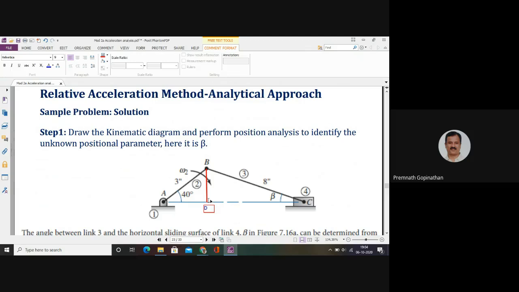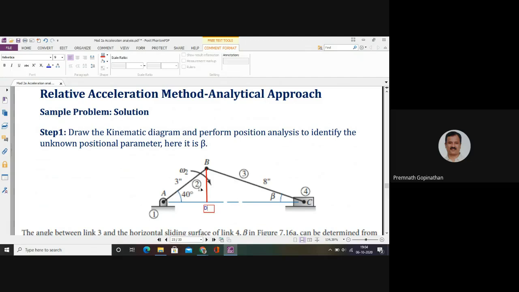Now using this condition, we can correlate both these triangles by means of the edge BD, because BD is a common side for both the triangles, so that it will be much more helpful for identifying this beta. From the triangle ABD, you can take BD as equal to AB sine 40.